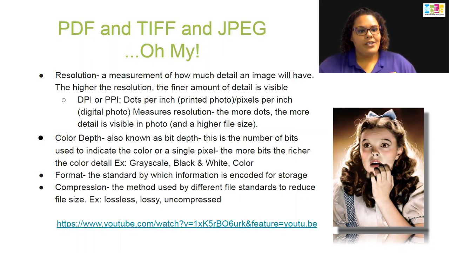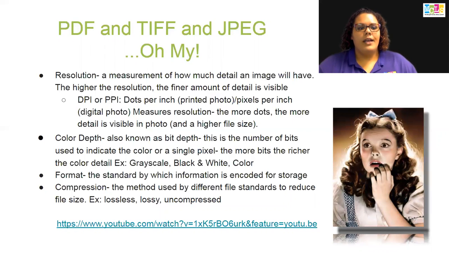DPI is dots per inch, which is like on a printed photo, and pixels per inch is PPI, which is like a digital photo on the computer. And that just measures the resolution. So the more dots, the more clear and visible the photo will be, which also means the higher the file size will be. So it's going to take up more storage. So that's how we measure resolution and kind of know how much space the photo will take up.